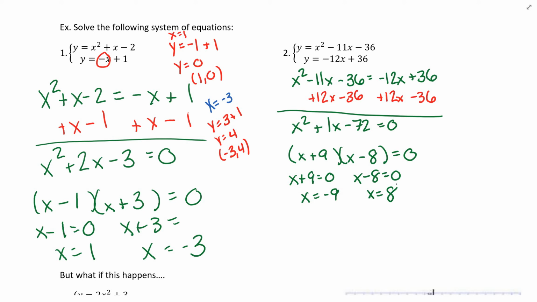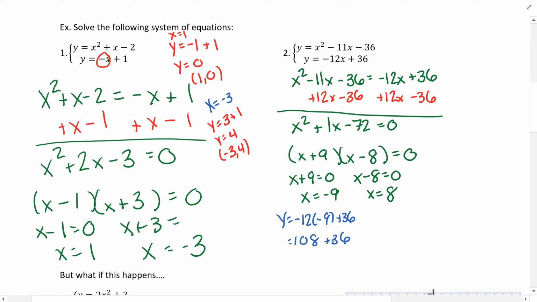So, I'm going to take my first one, x equals negative 9. Y equals negative 12 times negative 9 plus 36. Well, negative 12 times negative 9 is positive 108.